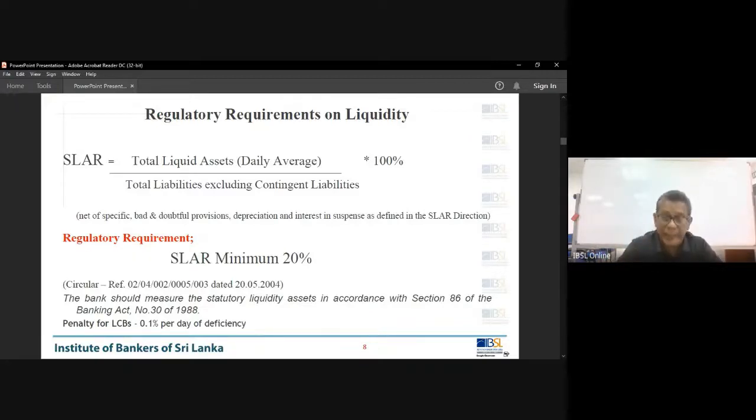Now that is why you cannot give loans more than 80% of your money. Why? Because you need to allocate 20% as a SLR. Only you can grant up to 80%, right? Now you may understand why bank will give only 80%, right? So 20% you need to keep as a regulatory requirement. Thereby, through the regulatory requirement, you are basically restricting granting loan amount.